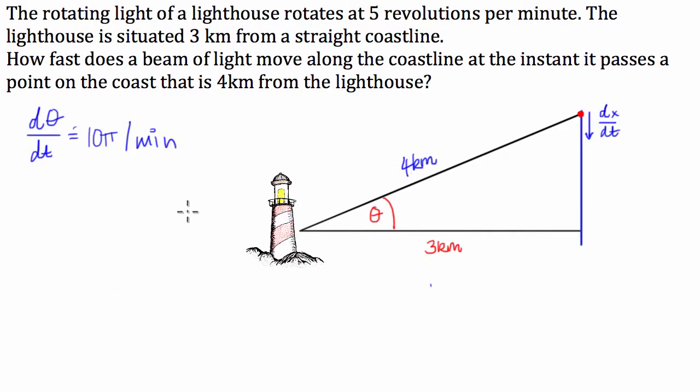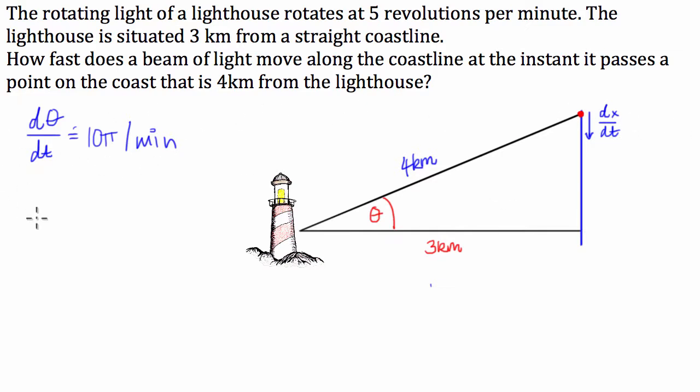Okay, so let's go on. What else do we need? Now we're going to use the chain rule from here to work out what else we need to find. Okay, so if we've got dx dt and we have d theta dt, we need to figure out what dx d theta is.